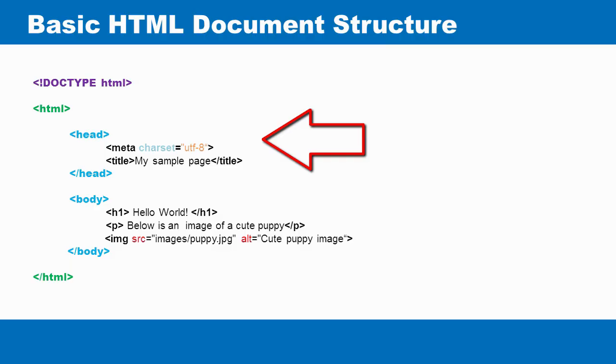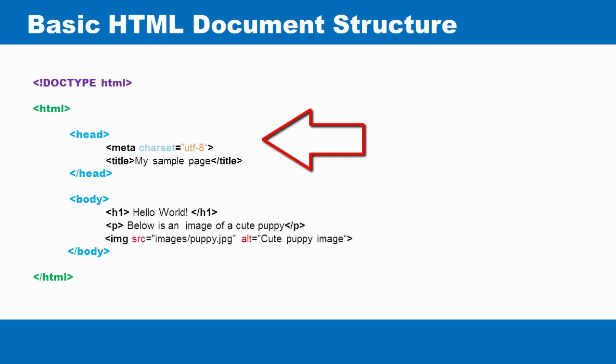What is a meta charset? The meta charset basically has a value of UTF-8, which is the attribute. This element is used to set the character encoding of your document.